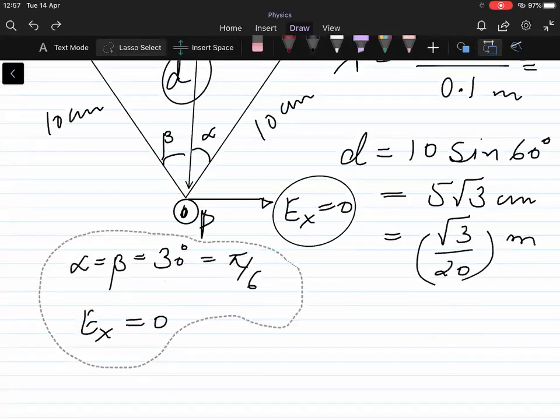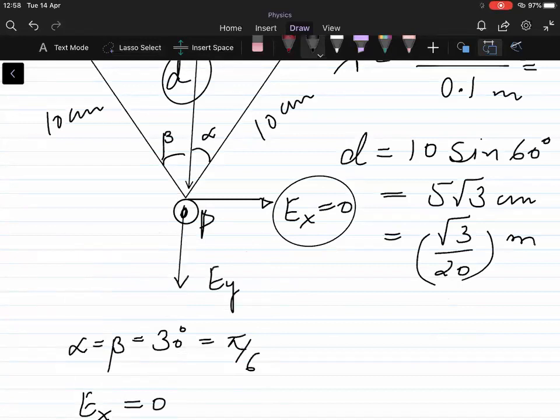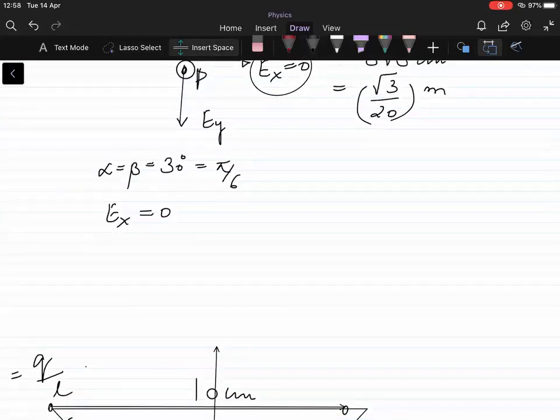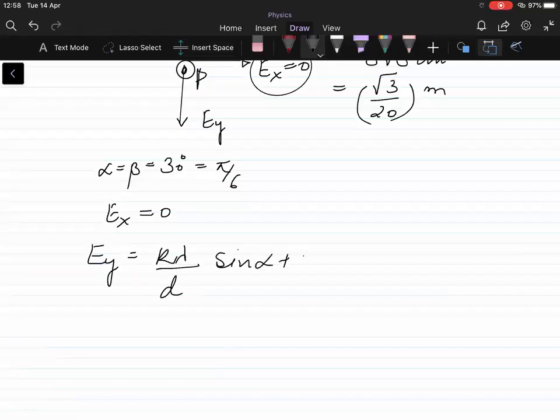y direction. So let's say this is your y direction. This electric field in the y direction will have a magnitude Ey equal to k lambda by distance d into sine alpha plus sine beta.